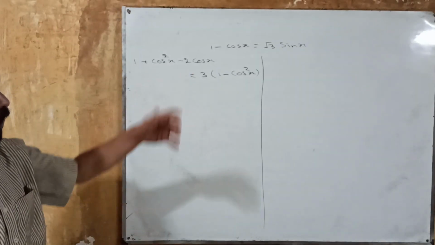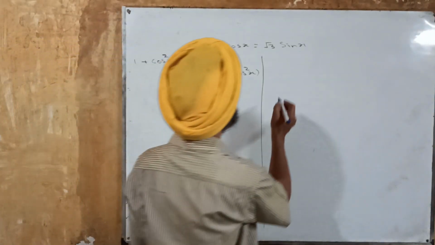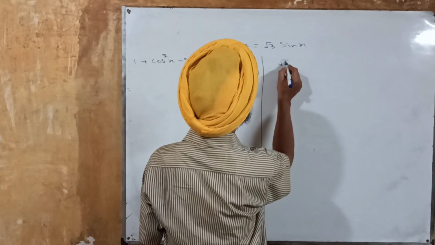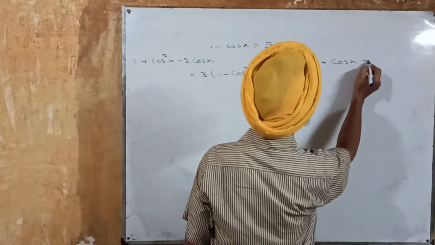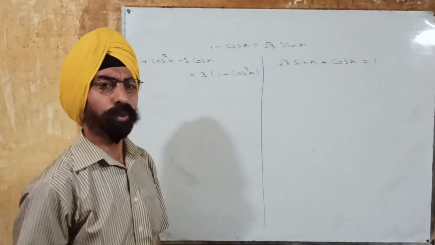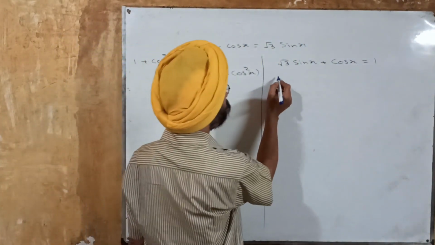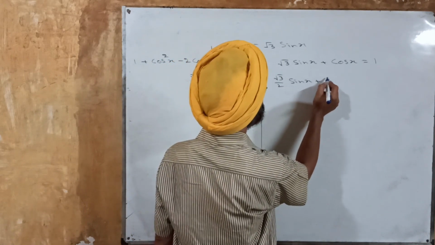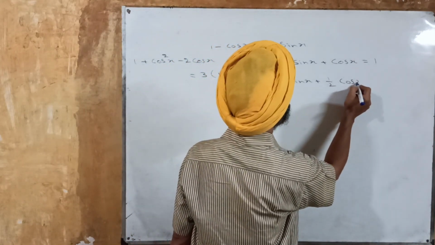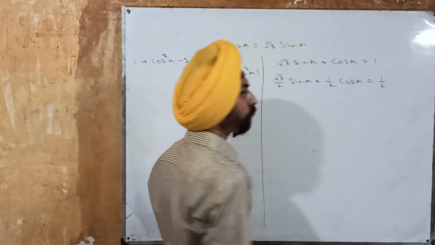Another way to solve this equation is to rewrite it as root 3 sin x plus cos x is equal to 1. Now divide both sides by 2. You will get root 3 by 2 sin x plus 1 by 2 cos x is equal to 1 by 2.